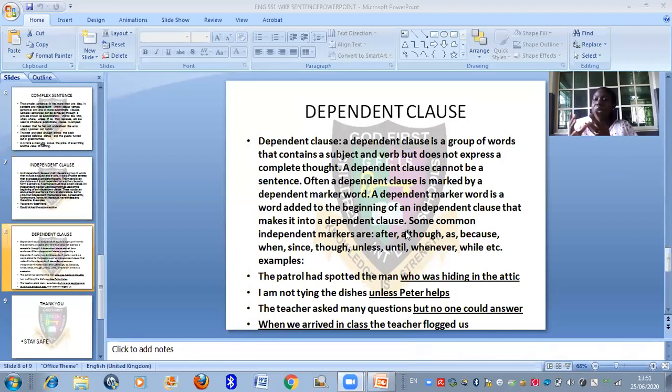When you see a group of words that are introduced by this set of marker words, you know that you are going to be having a dependent clause. For example, let's look at the sentences. In these sentences, we underline the dependent clause.